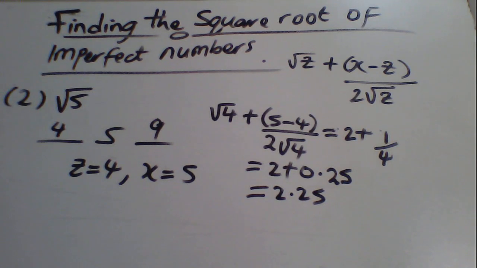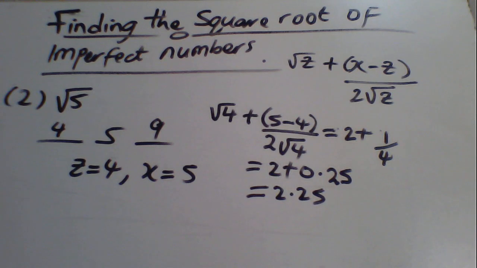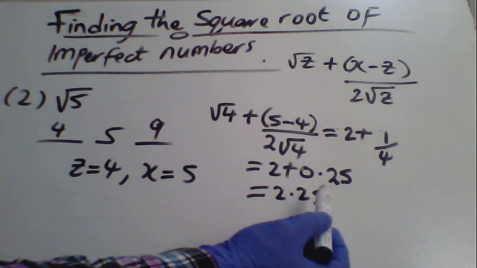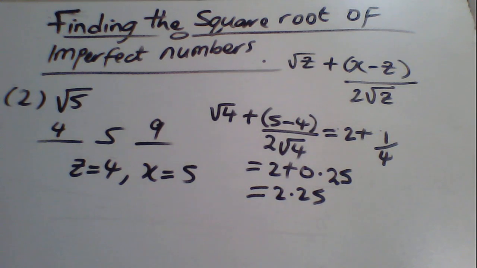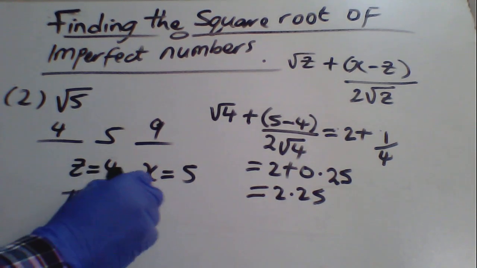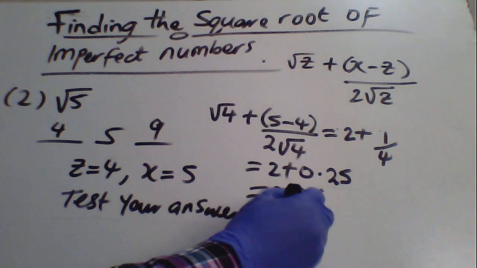So at this point, you are not quite sure if this is the square root of 5. Because of the decimal digit error, somewhere here, you have to test your answer for accuracy. Test your answer for what? Accuracy.